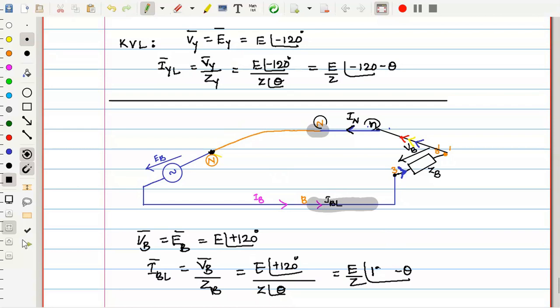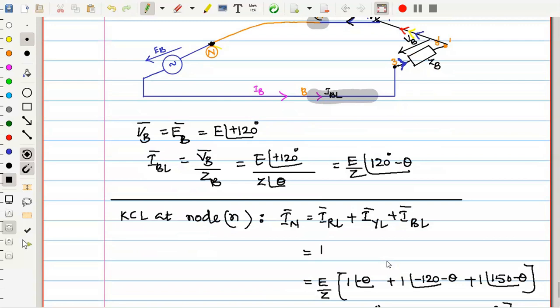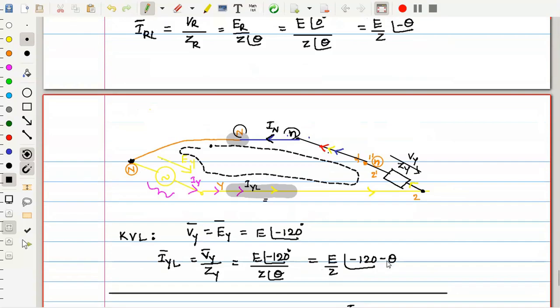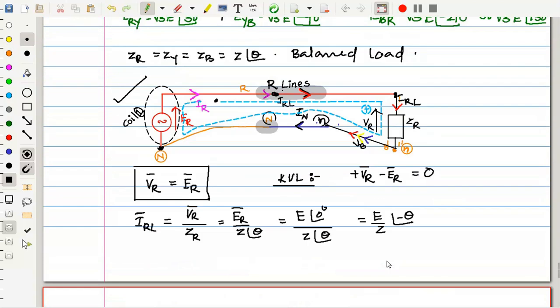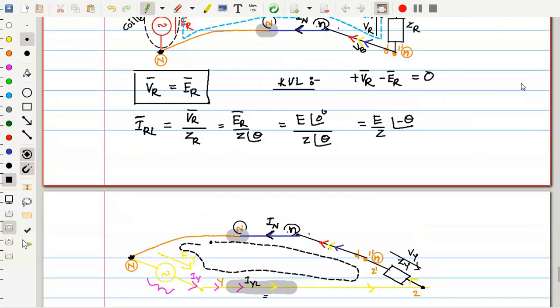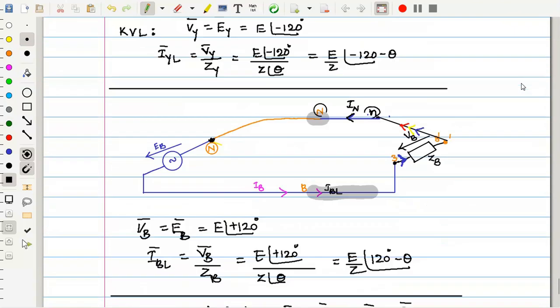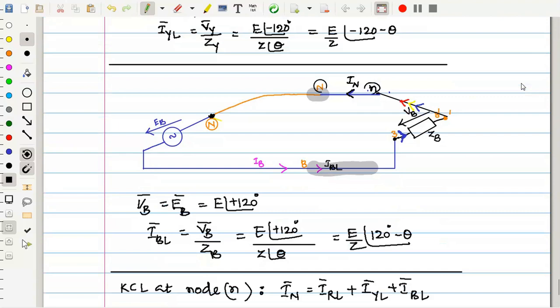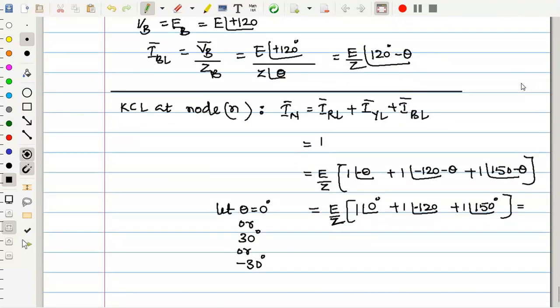Plus 120 minus theta. All of you make this change. B phase voltage is E at an angle of plus 120. So don't consider 150. That may be wrong, because that is the line voltage angle. So here you have to make the change that this is 120. This is also 120.